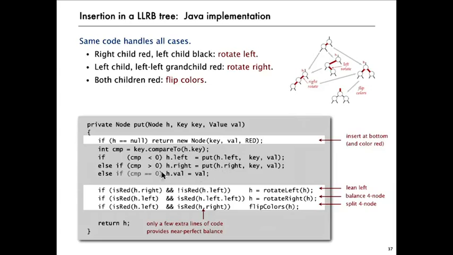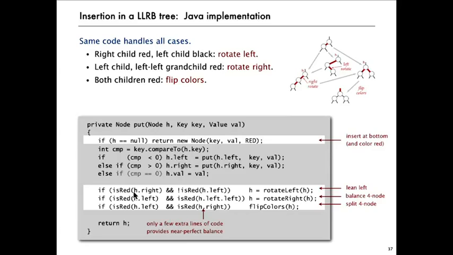Now, when it's returned, that's the point at which we're going to check whether the links are leaning to the left as they're supposed to, and whether or not there are any double links. So the first thing is if isRed(h.right) and not isRed(h.left). That means h.right is red, so the right link of h is leaning the wrong way.